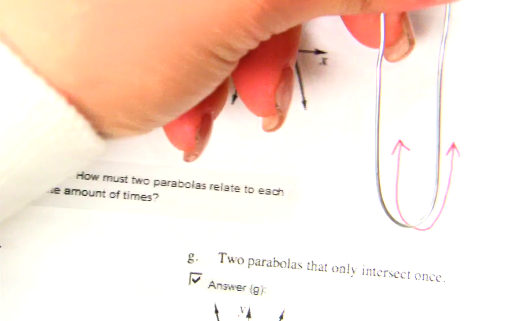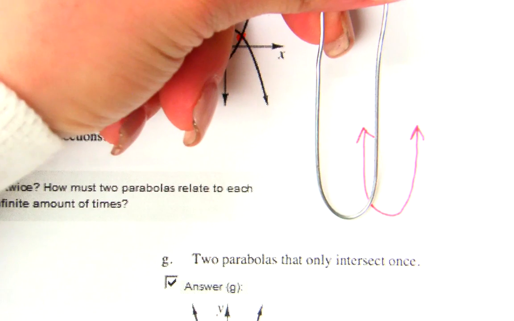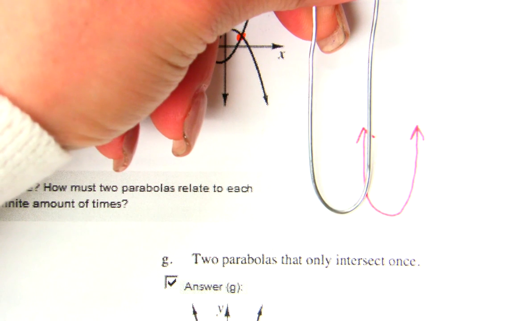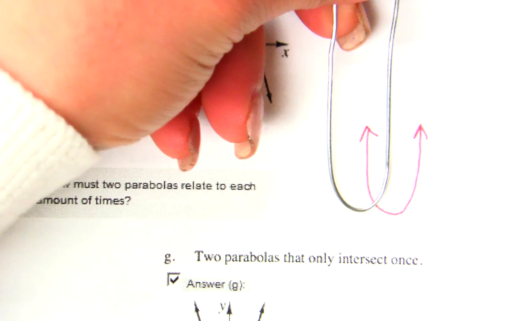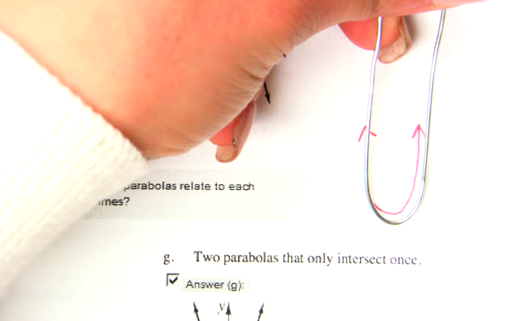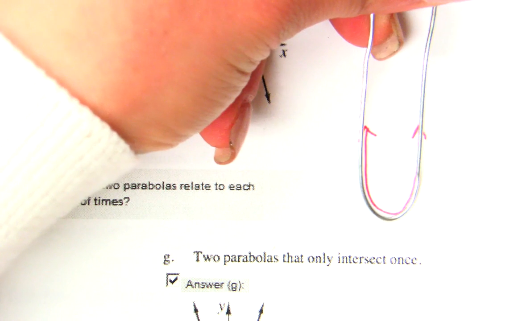Awesome. So let's see, here's my parabola. Right now they're not touching at all. They're touching one time, they're touching one time, they're touching one time. Here maybe they were touching twice, right?